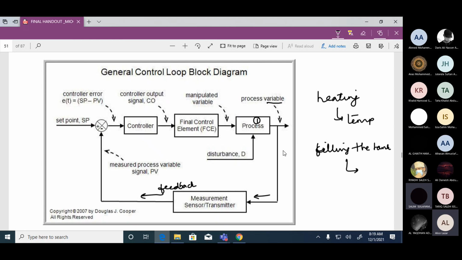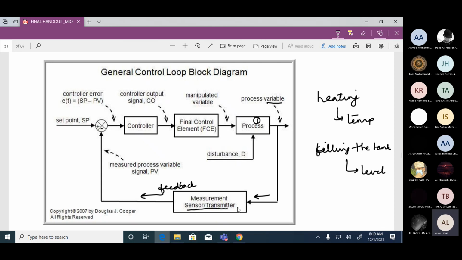The variable is volume. Filling the tank means you will have to check the level. Like when you're filling petrol in the tank, how do you check? You check by the needle, whether the tank is full or half. So you're checking the level. So the process variable like temperature, level, flow will be measured by the sensor.